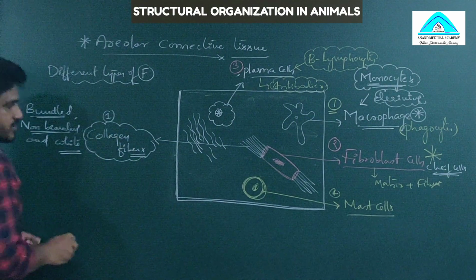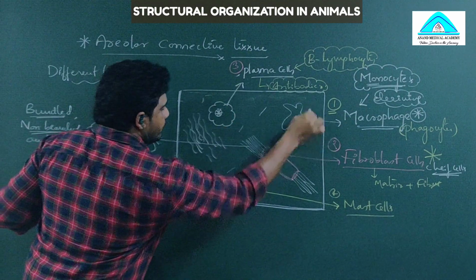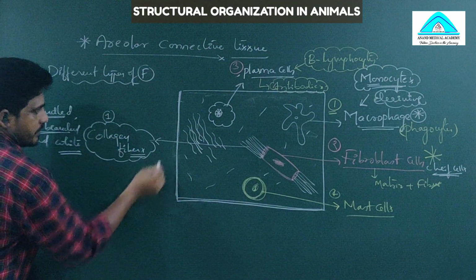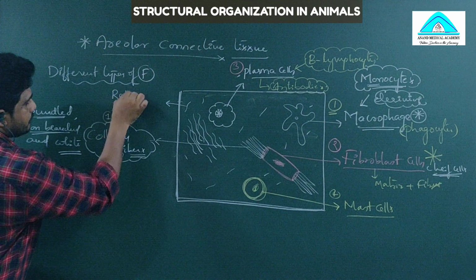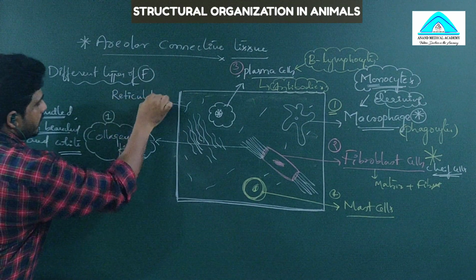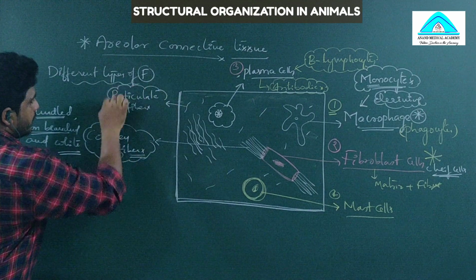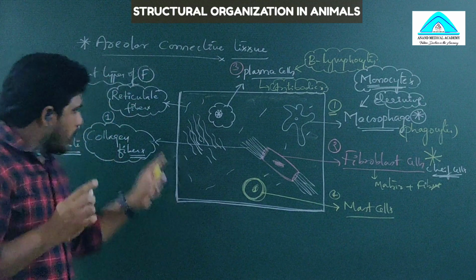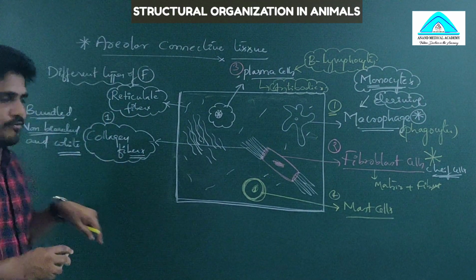Second type of fibers, if you see, some fibers are also white in color, but they do not exist as bundles. See here, this is called reticulate fibers. Second type of fibers. We can assume these reticulate fibers are also white color, meaning they are derived from collagen fibers.